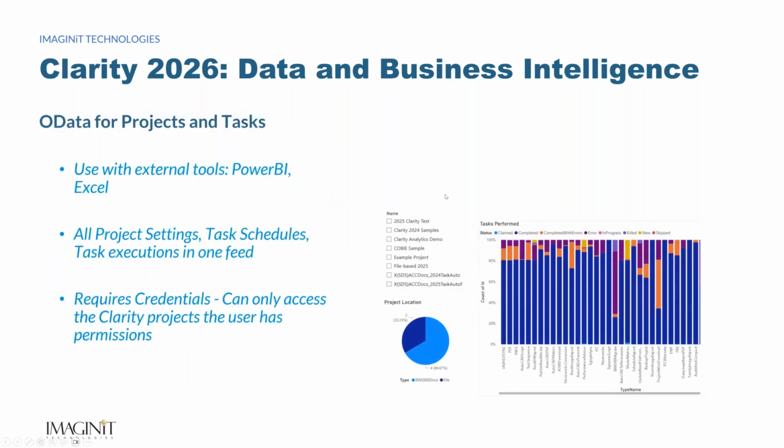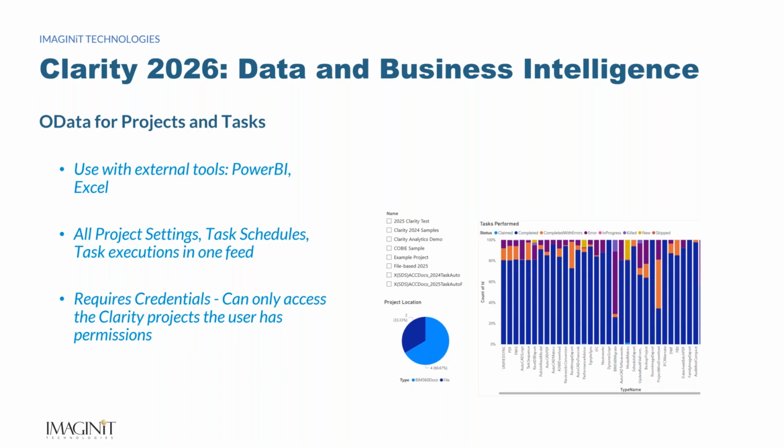The other thing we've added is additional OData for projects and tasks, project definitions, task schedules, task executions, so you can import that into an external tool and make your own insights that are separate from what we provide in the Clarity user interface.